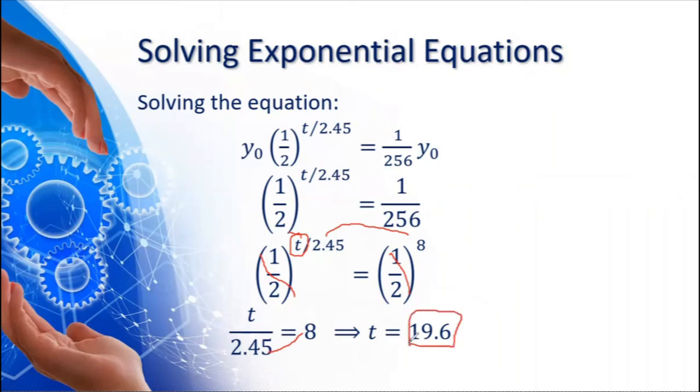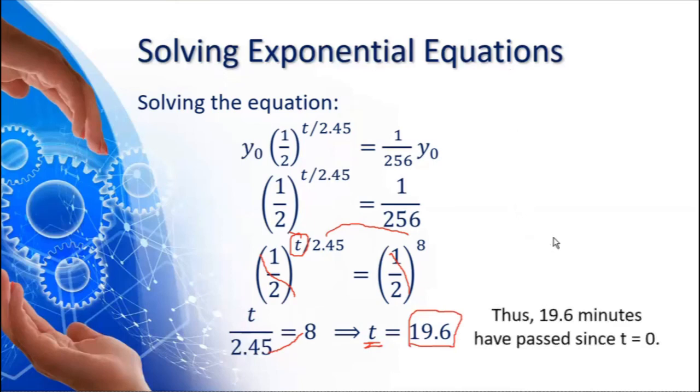Pag kinuha natin yung product ng 2.45 times 8, diyan nakuha na natin yung value of t. Okay, so para sa ating final result, thus 19.6 minutes have passed since time started with 0. And that's it.